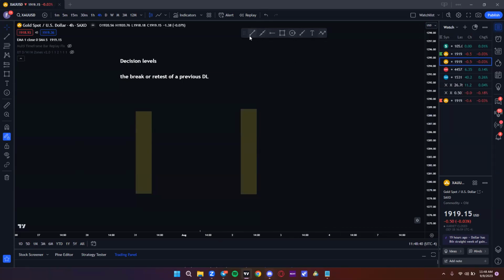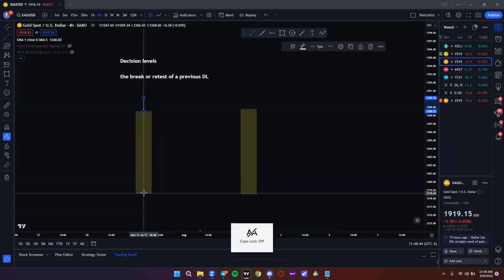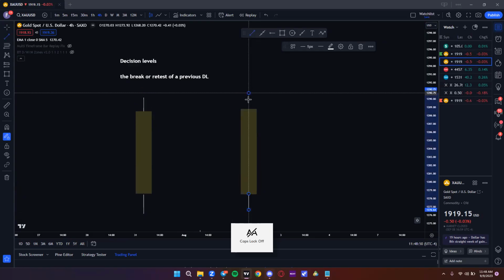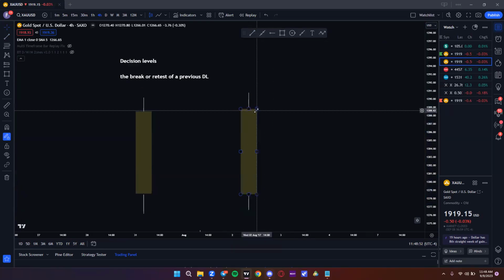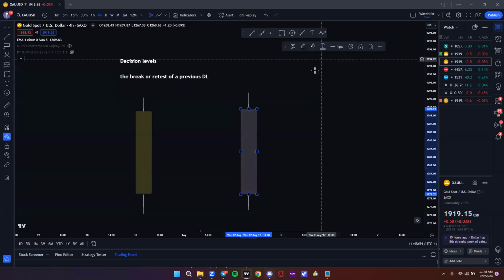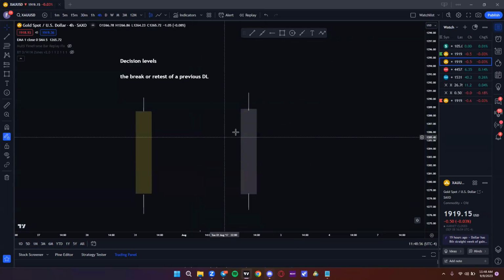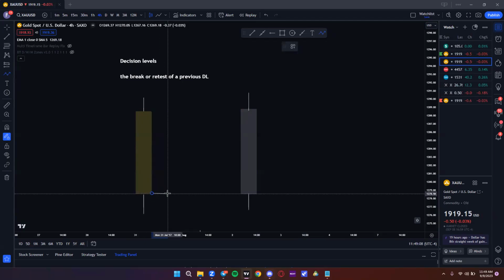Right? The basic premise of what I mean by OHLC is that this is a bullish candle. If you're bullish, price is going to open up here every time.